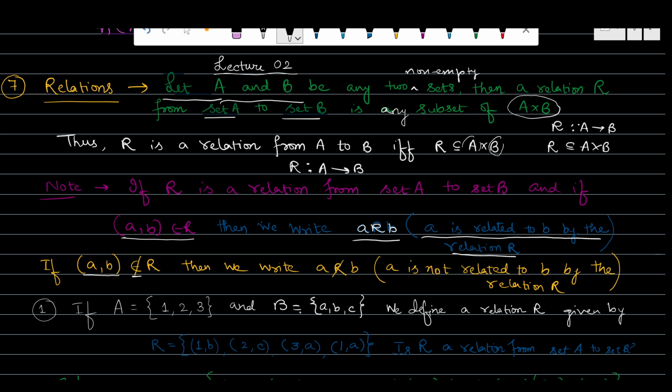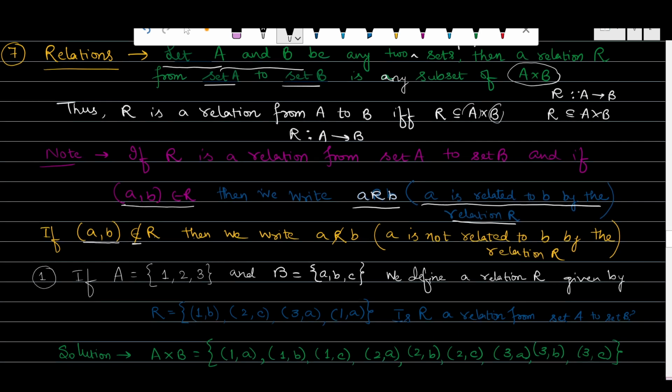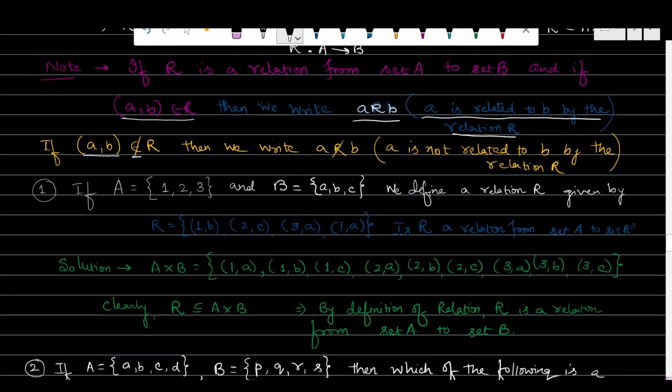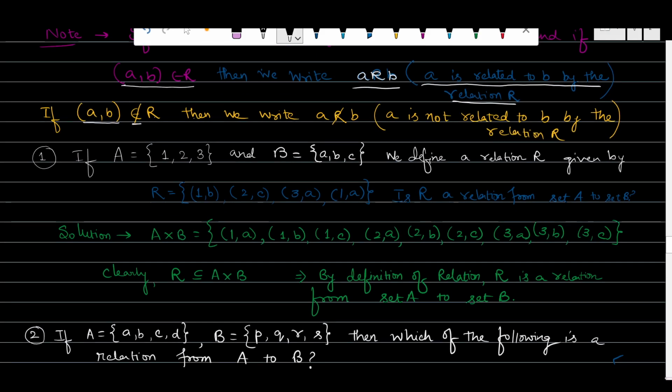Now we take one example. We take two sets as A and B and we define a relation from A to B by this.